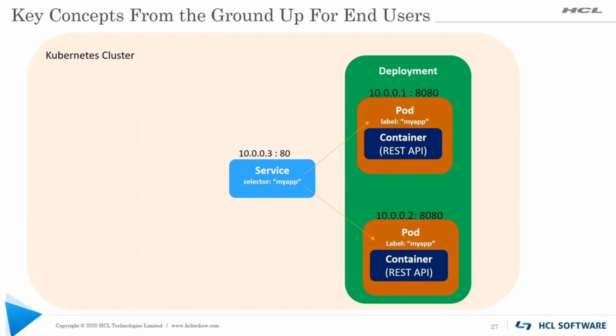So now it's not the individual pods that you're talking to, it's the service object. Again, pods can come and go, and because they all have this label, and this is the magic that hangs it all together, and we'll see this in the YAML file, each pod says, here's my label. In this case, it's a simple label, my app. And the service says, I'm essentially serving all pods that have that label.